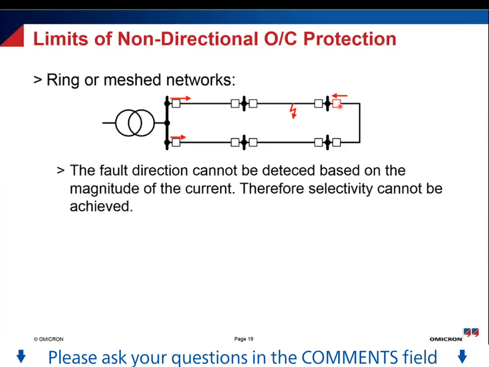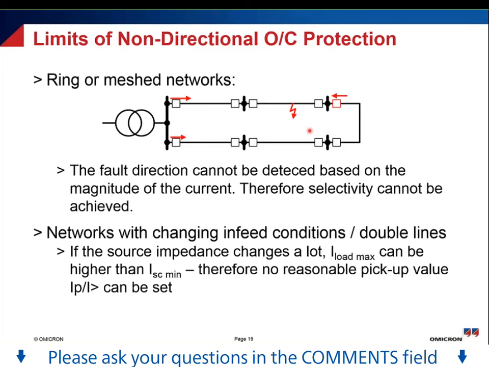So if I would do a typical time grading with a ring topology like here, this relay would also operate for a fault which is here because the current flows also through this direction. So this relay would operate, and if, let's say, this operates correctly, then we still see that these customers here are disconnected. So basically, in a ring topology or also in mesh networks, which are even more complicated, a simple non-directional overcurrent protection will just not work anymore.